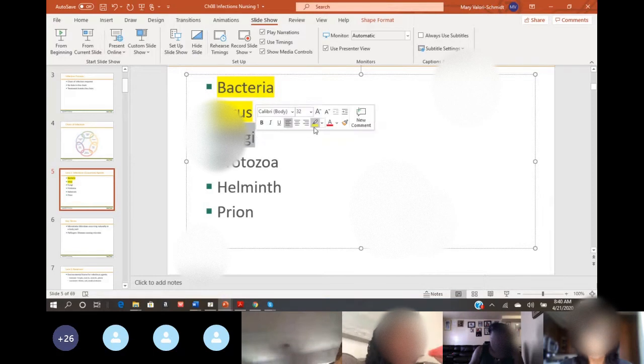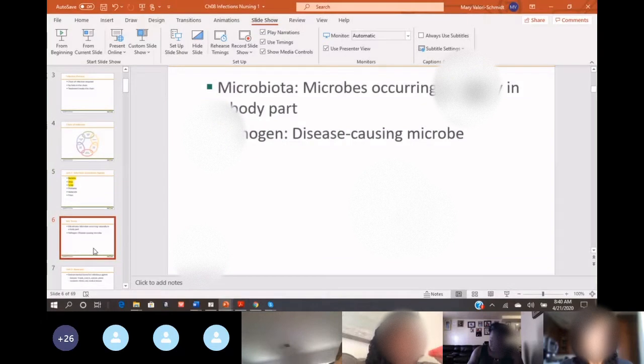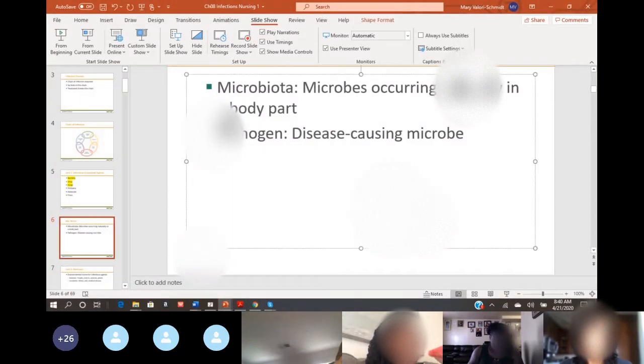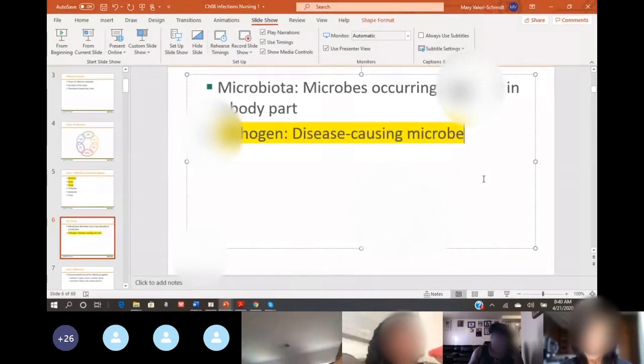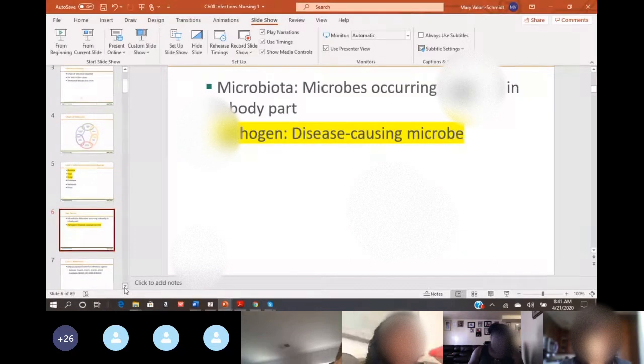They're the three most popular. And don't worry about microbiota, but make sure you understand the definition of pathogen. It's a disease-causing microbe. Any microbe that can make a person ill is a pathogen, okay? All right, next.